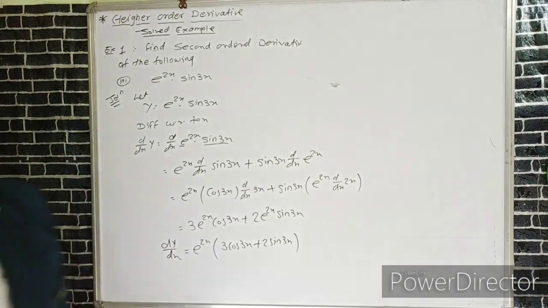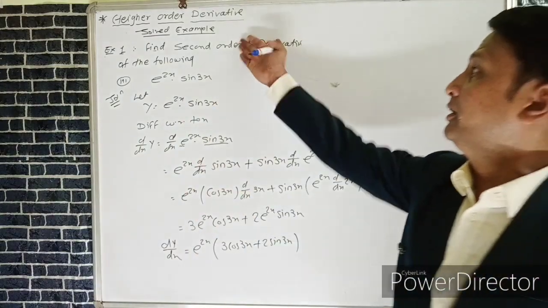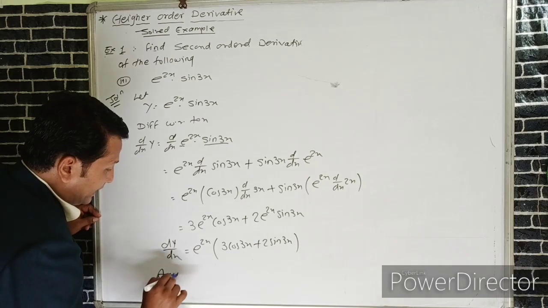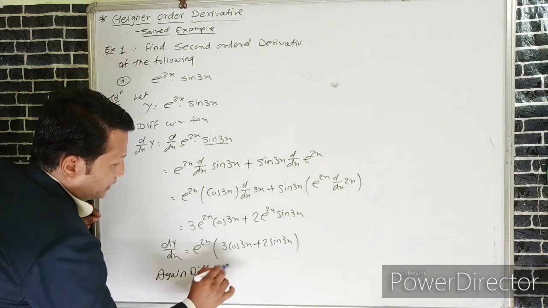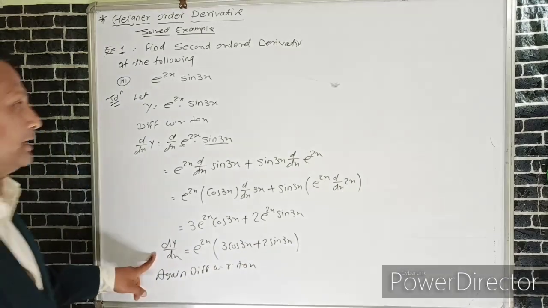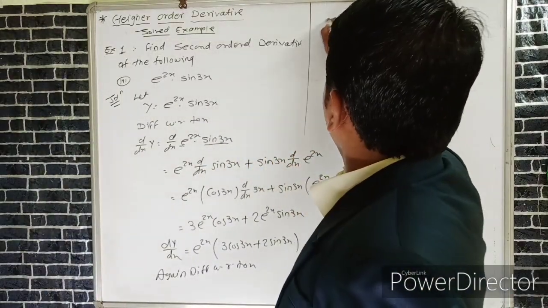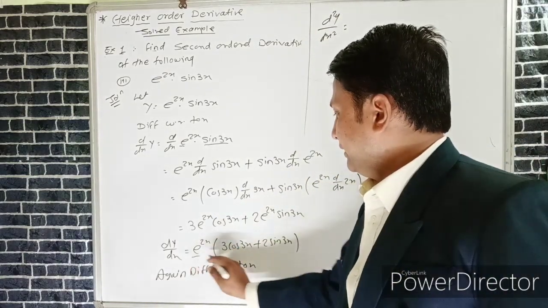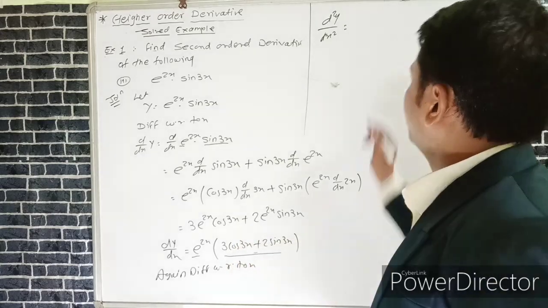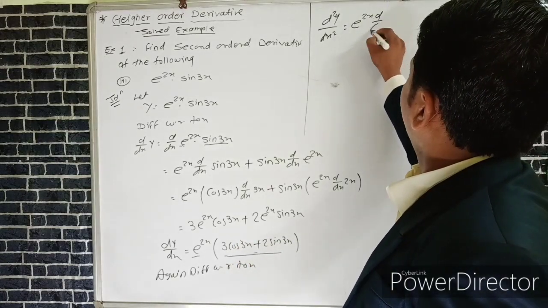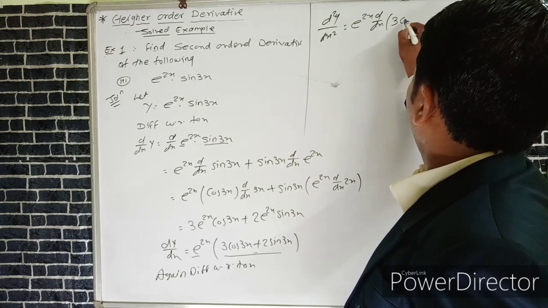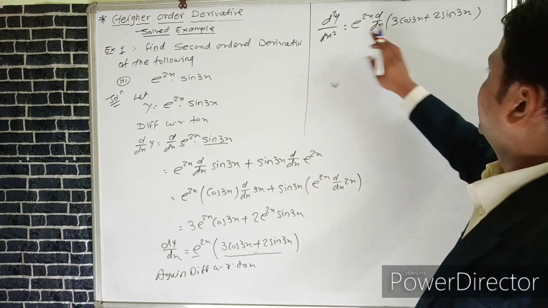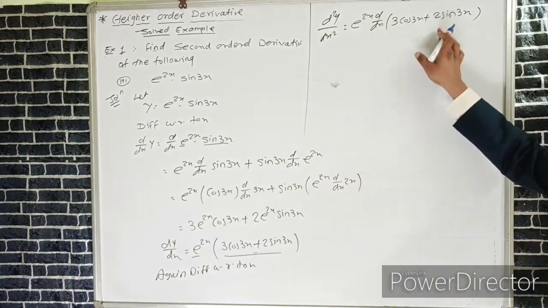Also we call it first order derivative, but we have to find here the second order derivative. Now, if we again differentiate with respect to x, then we can write a derivative of dy by dx, which is d2y upon dx square is equals to, here if we apply u into v rule, then we can write e to the power 2x into derivative of 3 cos 3x plus 2 sin 3x, which is first function into derivative of second function.